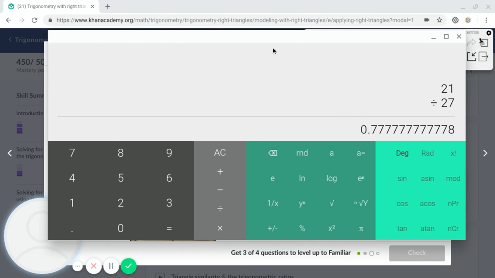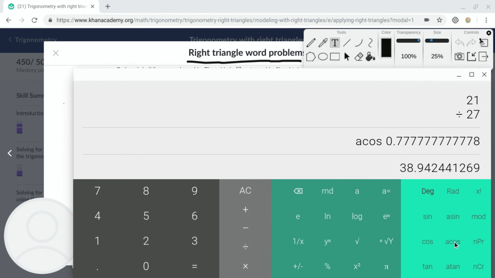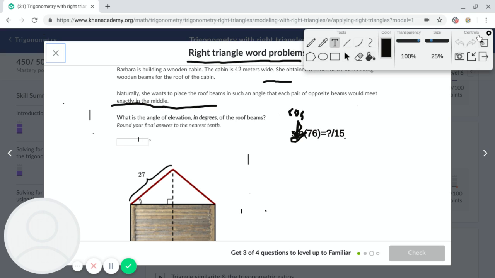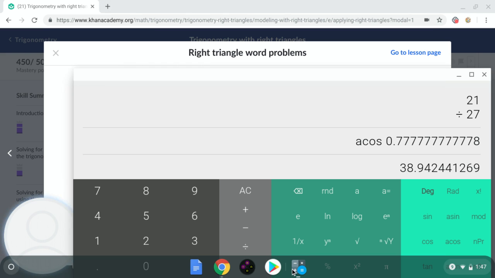Okay, and now we are going to plug that into the, here we go. Okay, 38.94. Oh, wait, it said round to the nearest tenth. Haha, tried to trick me, huh?